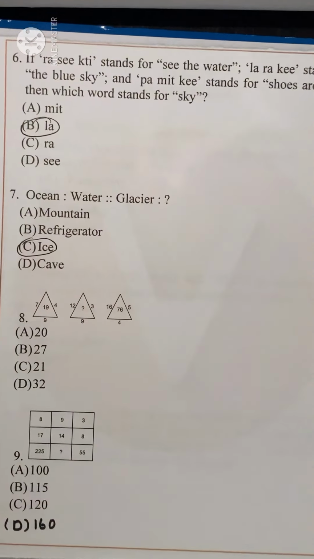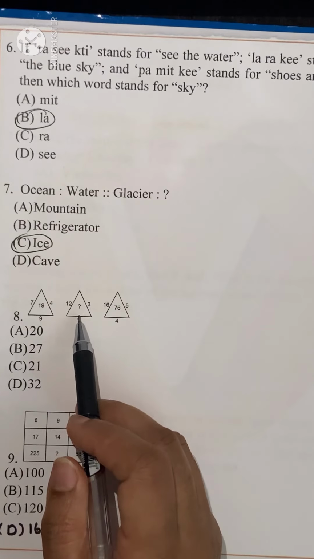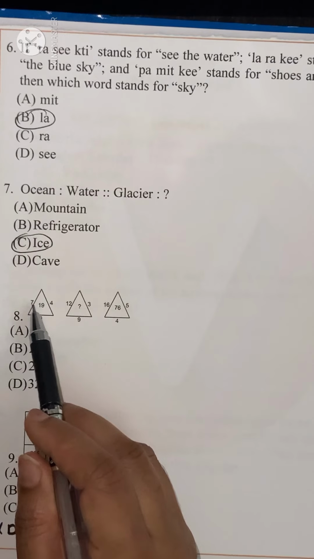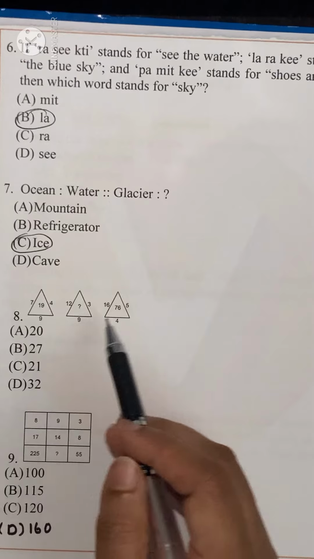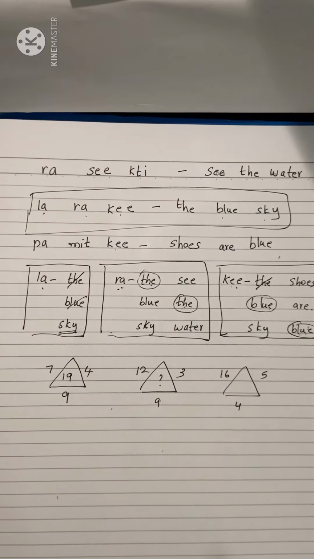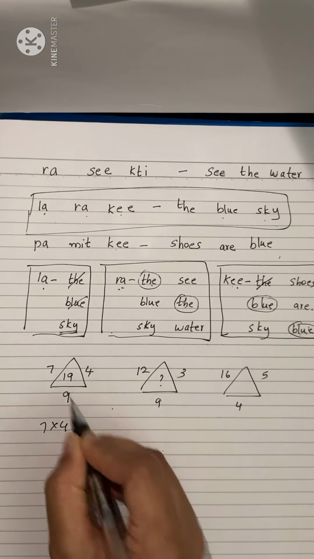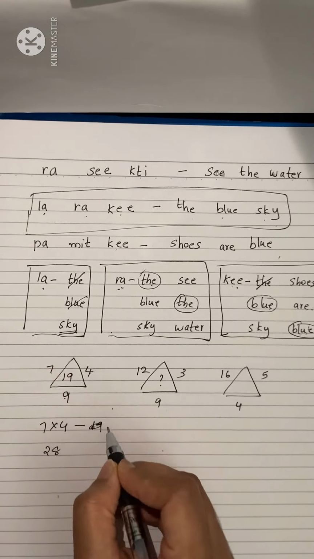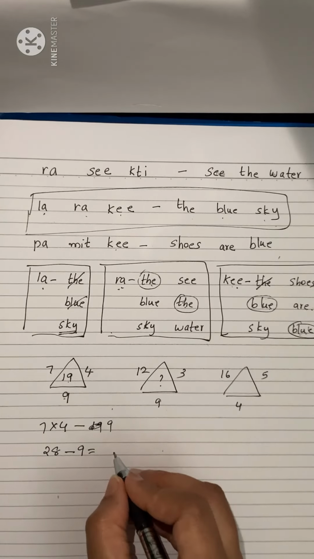Next one, we have to find the answer for this middle triangle, this question mark. First one: this side is 7, 4 and 9, 12, 3 and 9, 16, 5 and 4. Here first 7 into 4 minus 9, that is 28 minus 9, which is equal to 19.